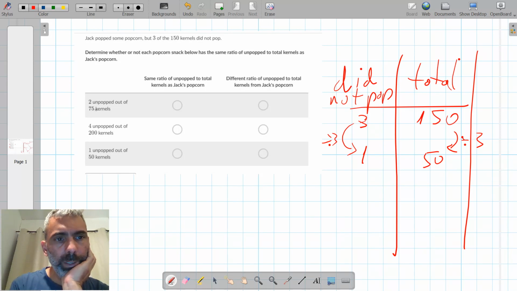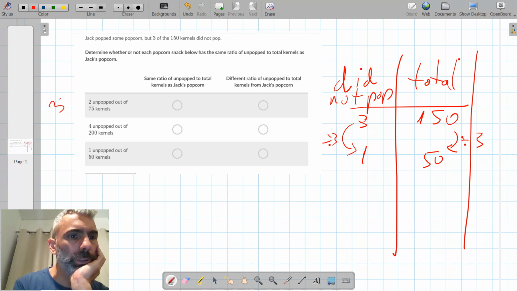Here, when I divide 75 by 2, 70 divided by 2 is 35, and 5 divided by 2 is 2.5, so it's 37.5.